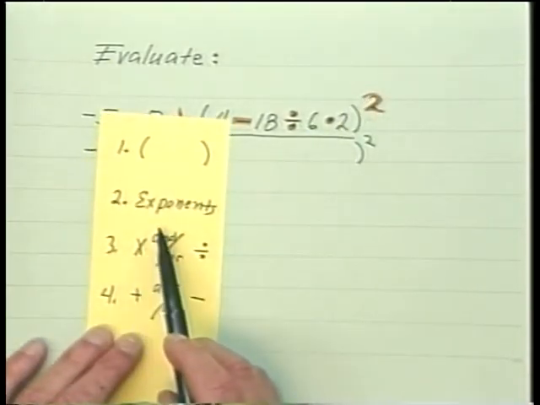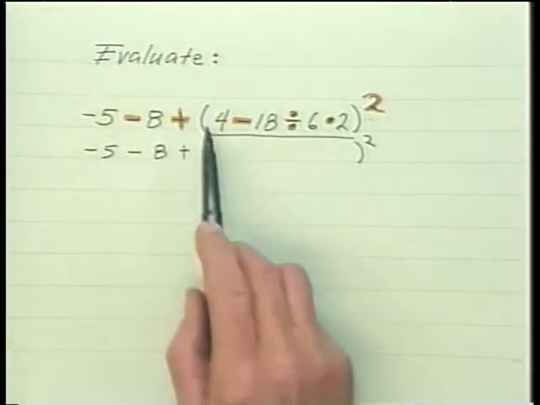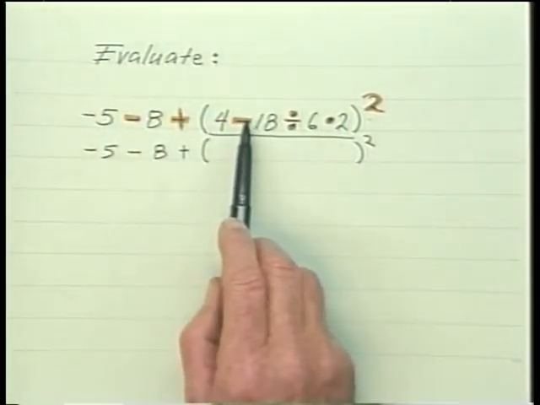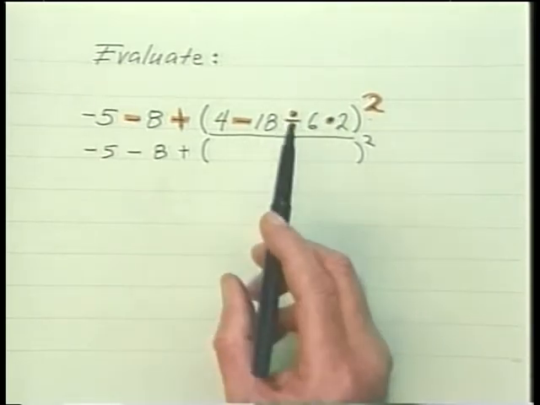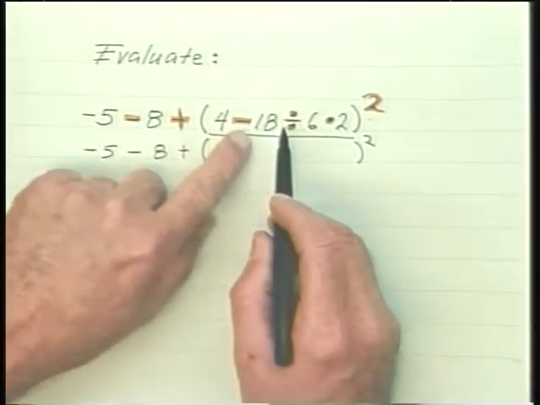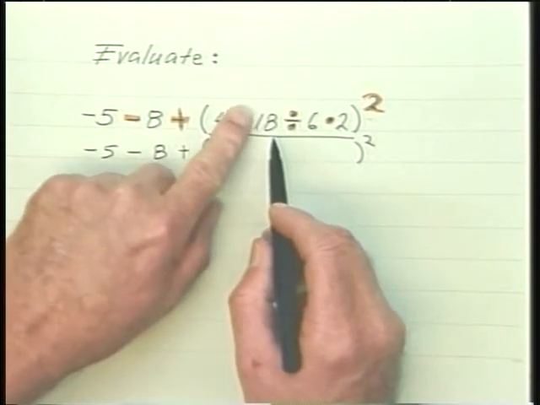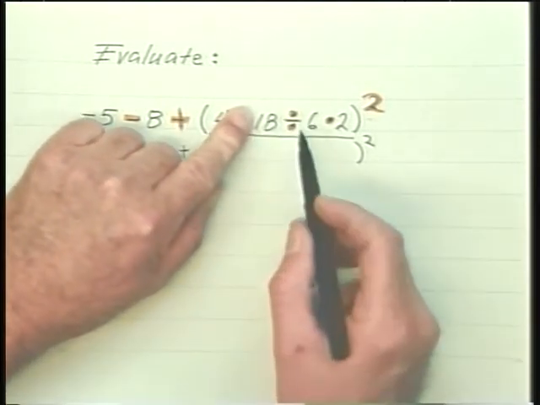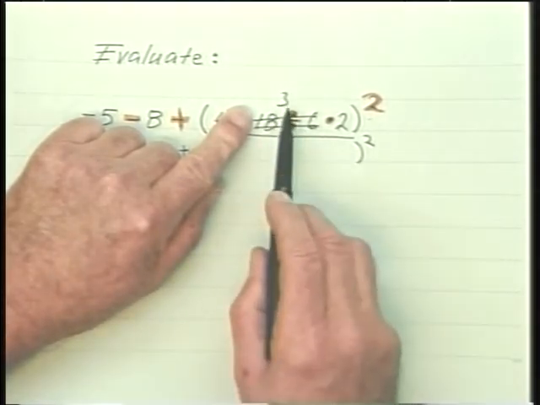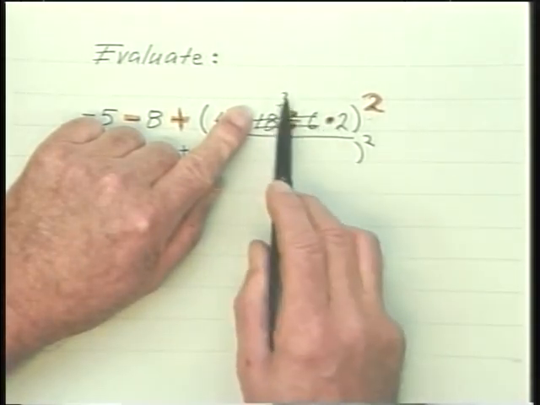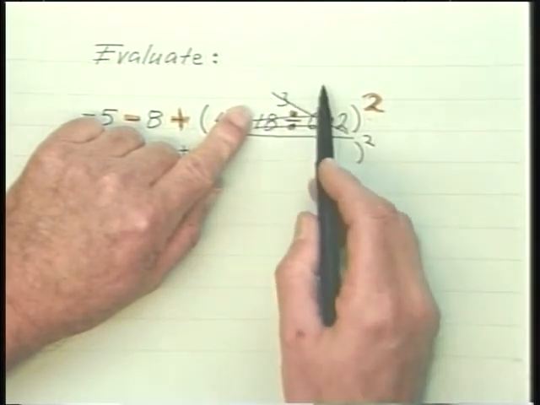I'm not to this yet. Then I look for multiplications and or divisions. That's not one. That one is. So is that. But I came to this first. So 18, not negative 18, because this is not a negative, it's a subtract. 18 divided by 6 is 3. Then I look for more. There it is. So 3 times 2 is 6.